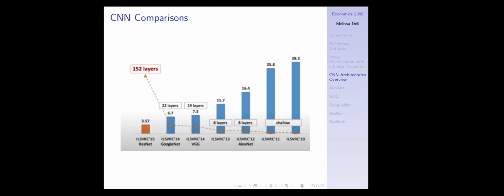And as I said, 2013 was just essentially some tweaks on the 2012 winner. In 2014, you see further improvements. Your error rate is now down to 7% from the first neural network, which had a 16% error, and that has 19 or 22 layers. Those two were virtually tied, and we're going to look at both of them.